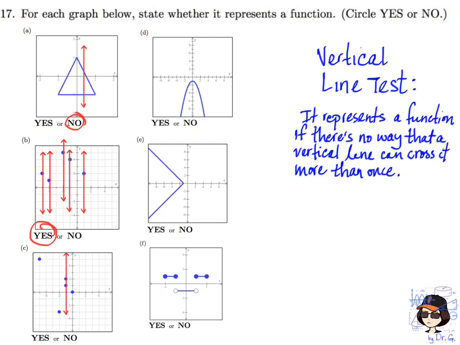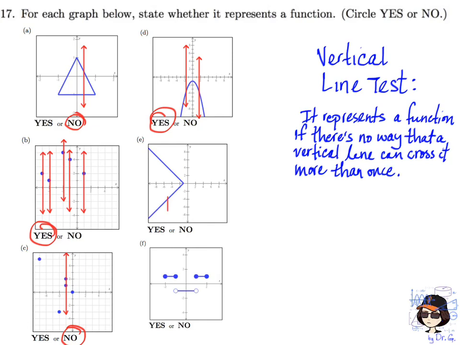Oh, well, there's a line that crossed the graph twice. I don't need to draw any more lines. I found one vertical line that crosses the graph twice, no function. Okay, part D, I draw a line there, just crosses once, a line there, and it looks like there's no way I can find a vertical line that will cross this thing twice. So yeah, that's a function.